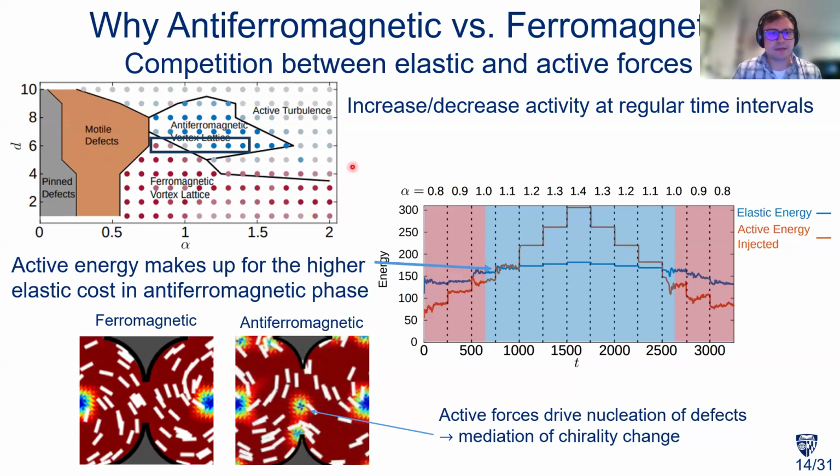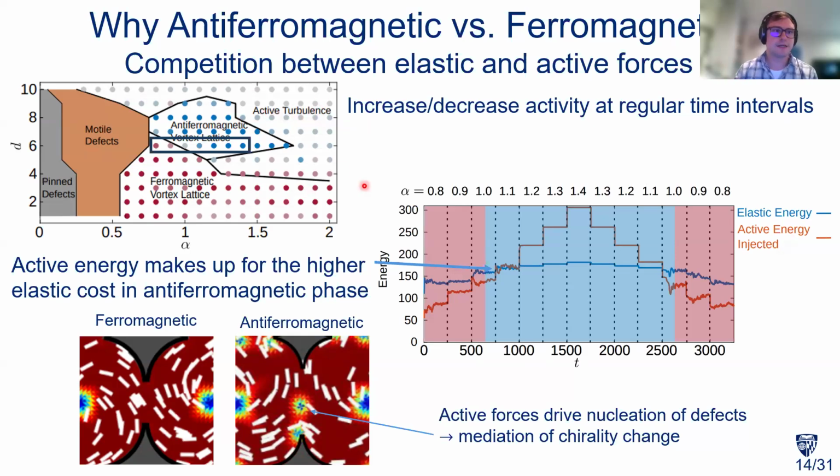So especially in the regions that we called active turbulence, sometimes you would get long-lasting positive defects. They would eventually pull apart and rearrange. To determine whether or not the state was in active turbulence, we actually didn't use the spin-spin correlation.